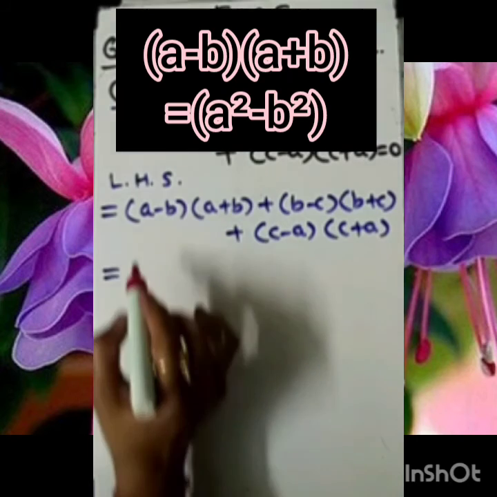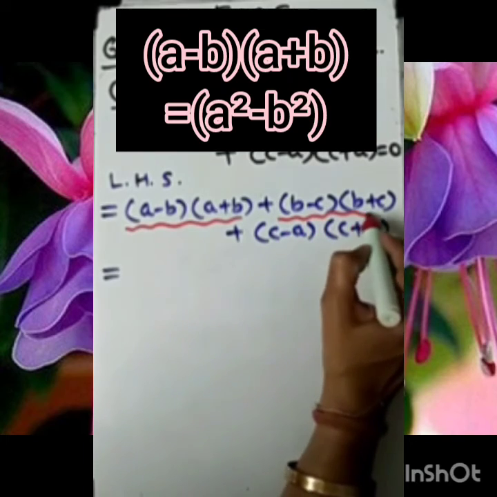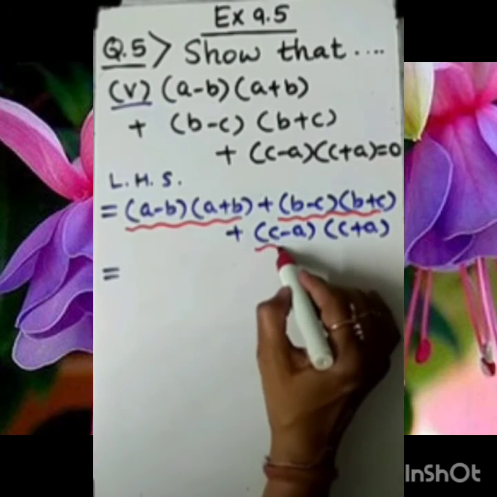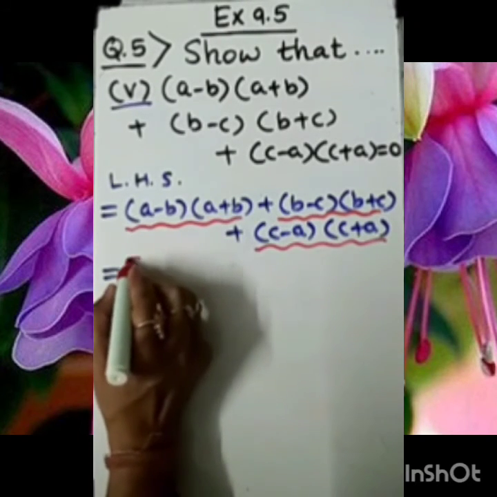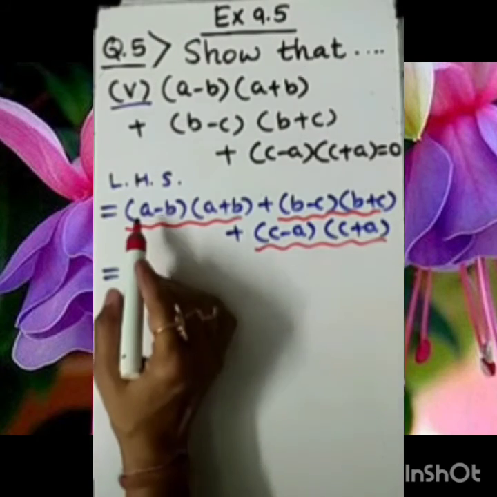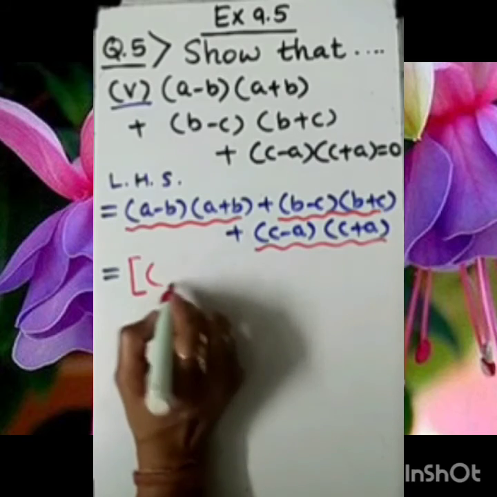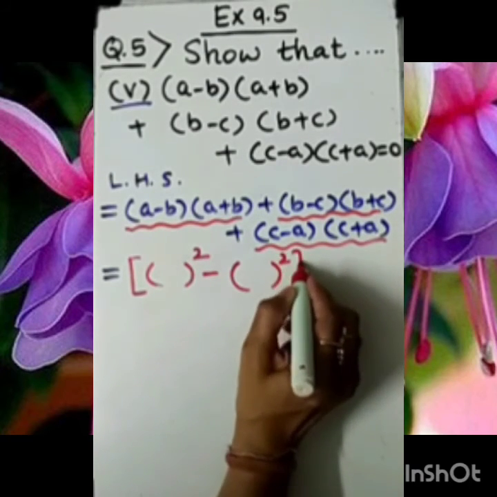Here we are having identity number 3, and for this also we will apply the third identity. Means individually we are going to apply the third identity. Now the third identity says (a minus b)(a plus b) equals a square minus b square.